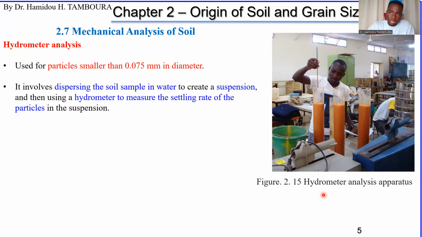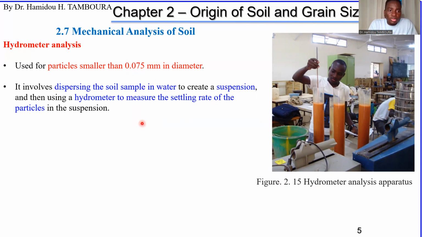You mix that soil sample in water to create a suspension, because the soil particles are very small, 0.075, it's small. So you can mix it with water and it will be like a suspension.